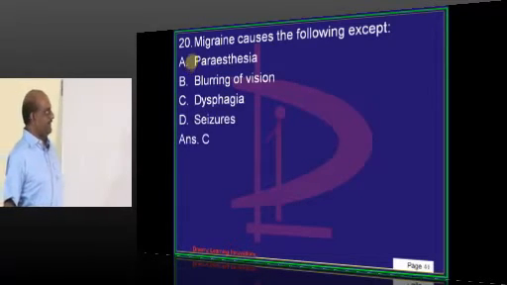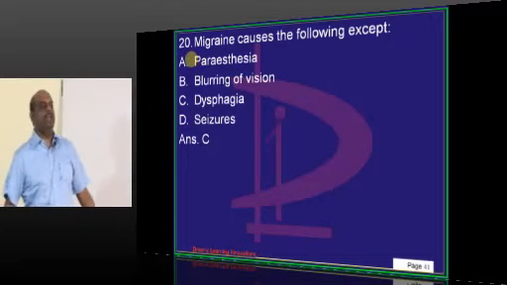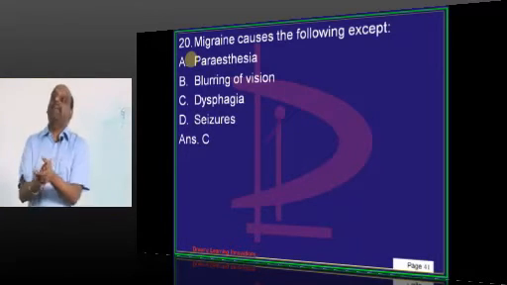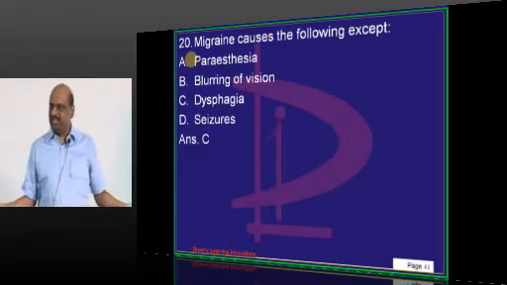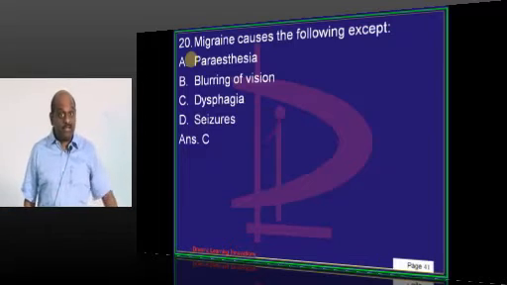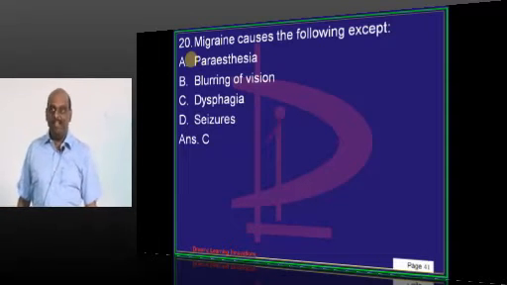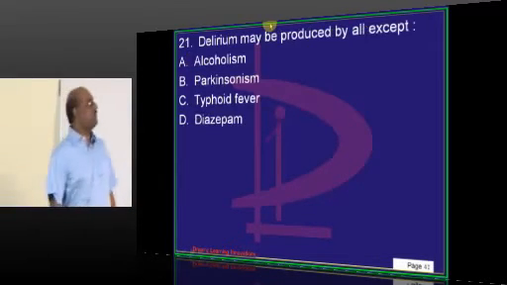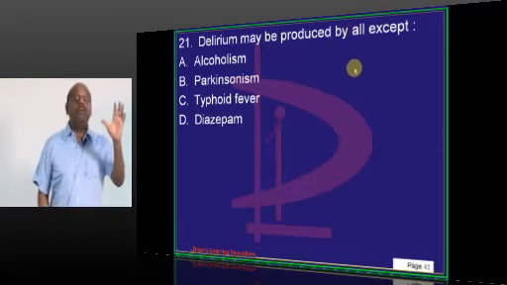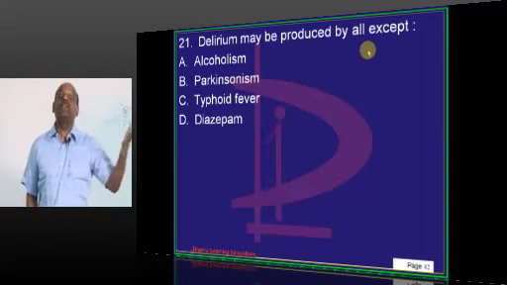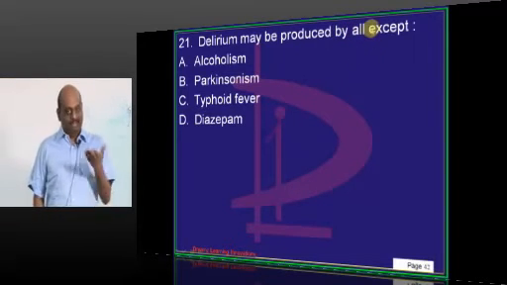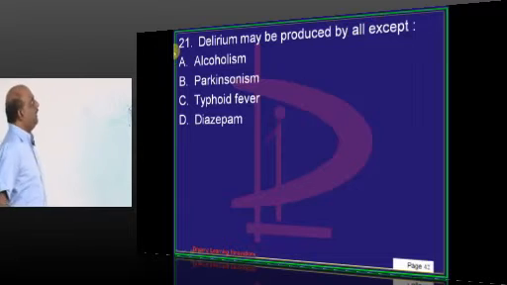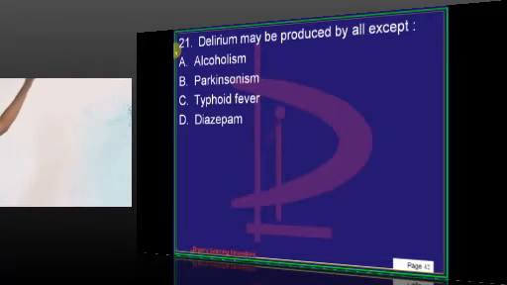Should it be locked? That's good. Please give another big clap. Dysphagia, correct guess. Why will there be dysphagia in migraine? Blurring of vision is classically seen. So that is what needs to be remembered. Scotoma will be there, no doctor. Scintillating scotoma. What does scotoma mean? Blurring of vision.